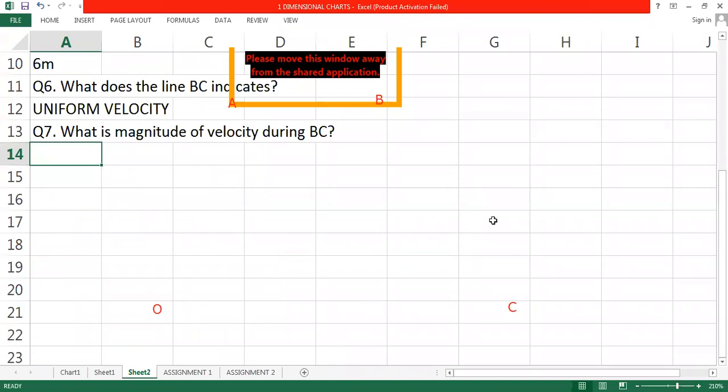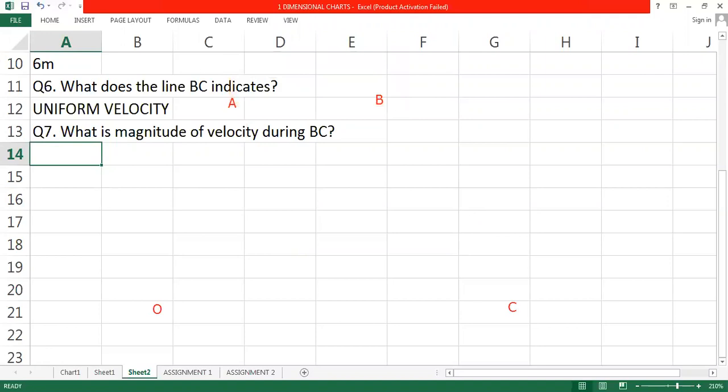Brilliant, very good. Just look at it. You don't have to necessarily find the slope. You can just observe it carefully and you will come to know what the velocity is.